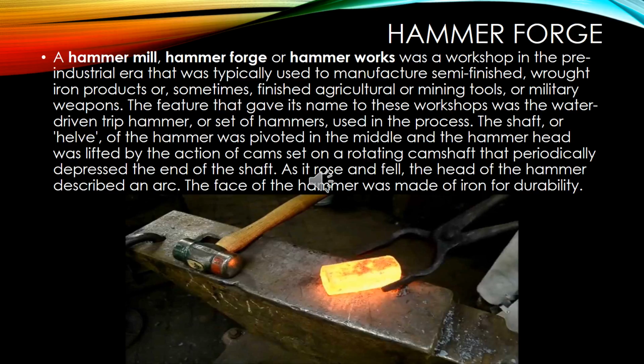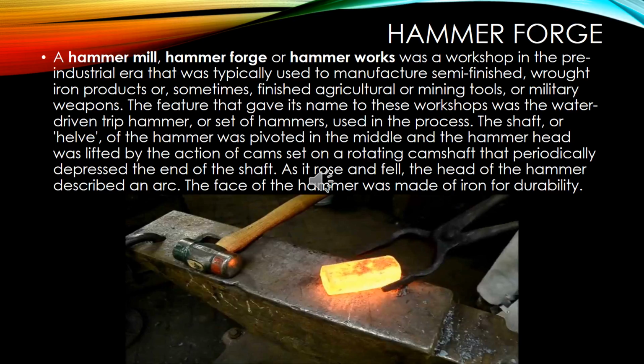Some of the products that a hammer forge made are with the iron. You can make a sword with iron using these techniques, and you can also make wrought iron, that is an iron alloy with a very low carbon content.